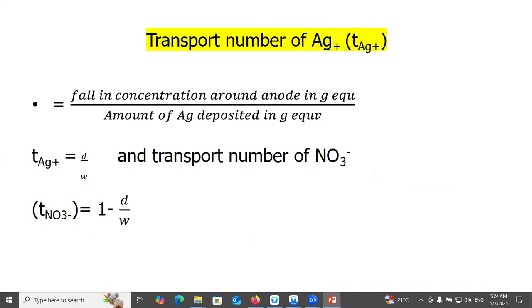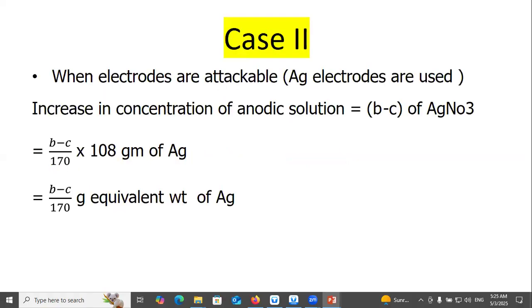Transport number of silver, T_Ag, equals fall in concentration at anode in gram equivalent over amount of silver deposited in gram equivalent. T_Ag equals D over W, and the transport number of nitrate, T_NO3, equals 1 minus D over W.